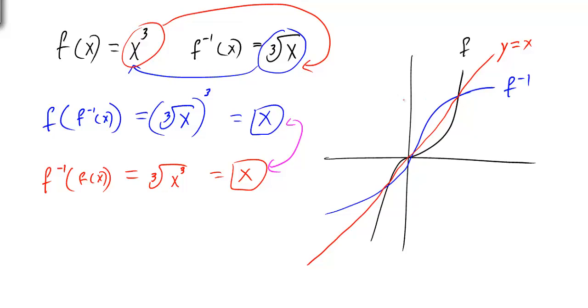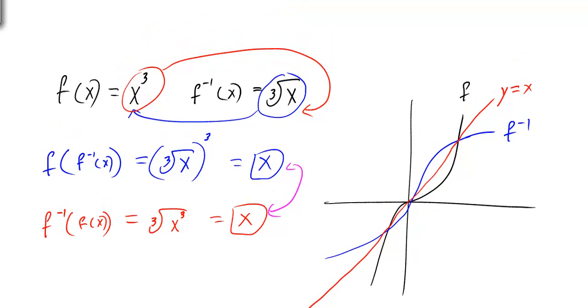So if I were to fold the paper on this line y equals x, function f is going to fall on the inverse of f, and the inverse function would then fall on top of the function. So they're always going to be symmetric with this line y equals x. So that's how you can determine whether functions are inverses or not, by looking at the graph.